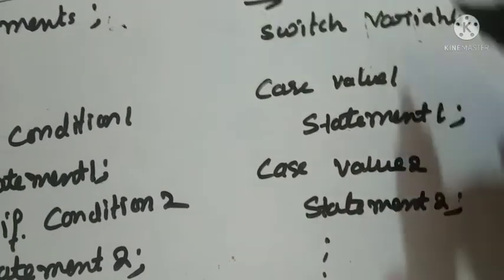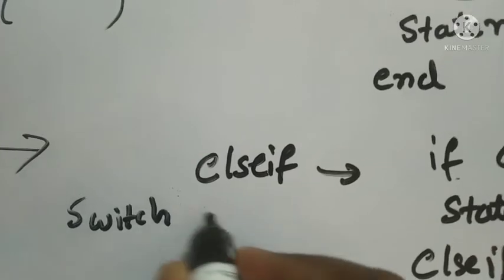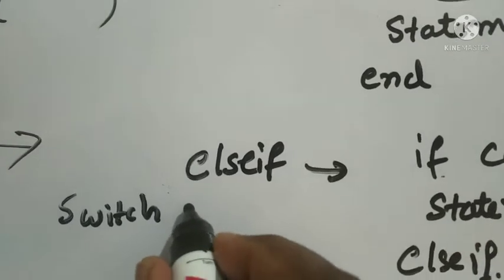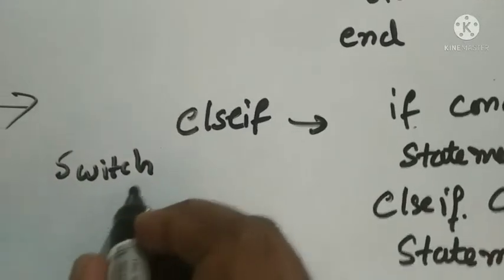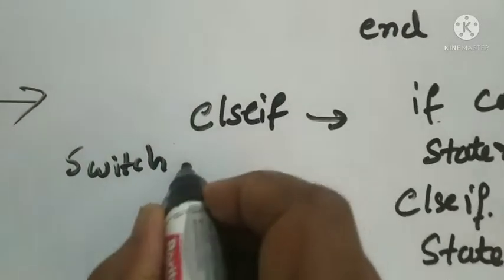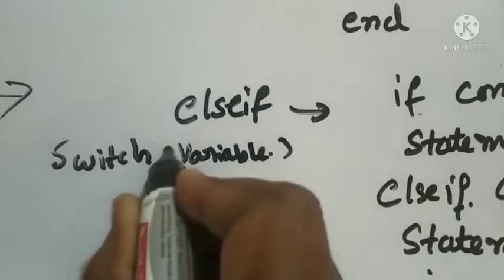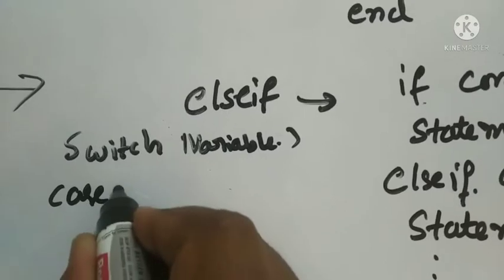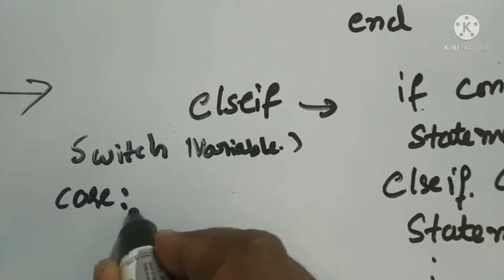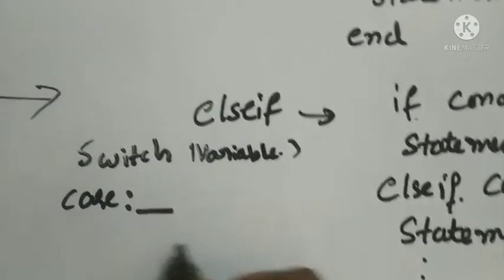In C language, we use switch and the condition, with the same variable within brackets, and then we use case, with a single quote, giving the value here, and then the next statement.